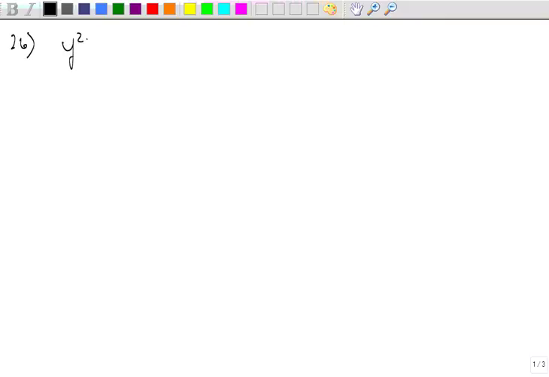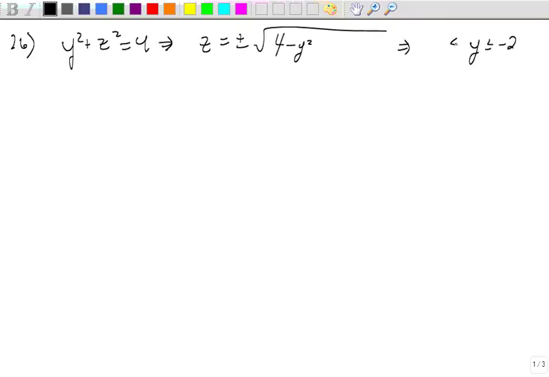Okay, if y squared plus z squared equals 4, that means z is plus or minus the square root of 4 minus y squared. And that says that y has to be between minus 2 and plus 2.